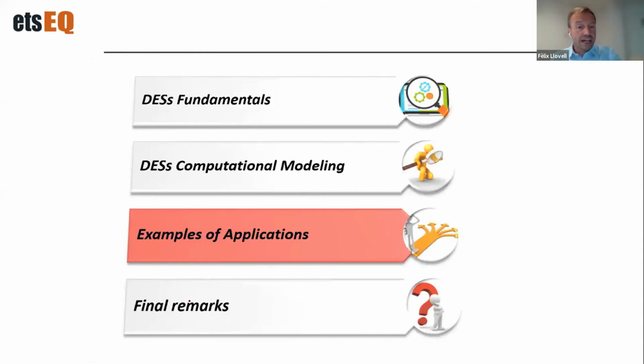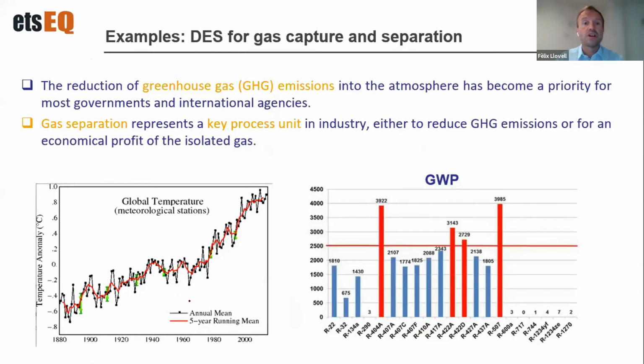Now I'm just going to highlight some of the applications, and I want to talk about two main applications related to greenhouse gas capture, as I mentioned at the beginning. The reduction of greenhouse gas emissions into the atmosphere has become a priority for most governments.